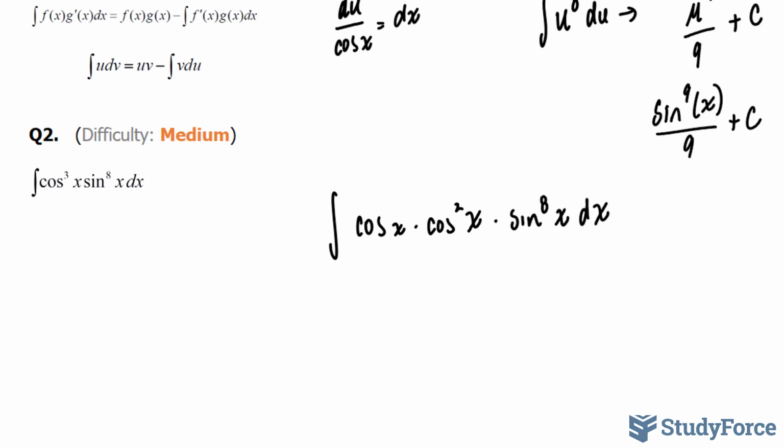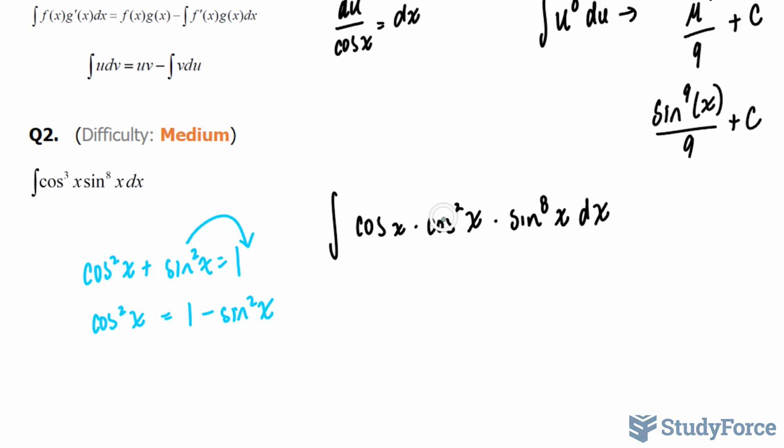One thing that may not appear to you right away is that this cosine squared x can be replaced with 1 minus sine squared x. Remember this identity? Cosine squared x plus sine squared x is equal to 1. Well, if I move this over, I end up with cosine squared x is equal to 1 minus sine squared x.